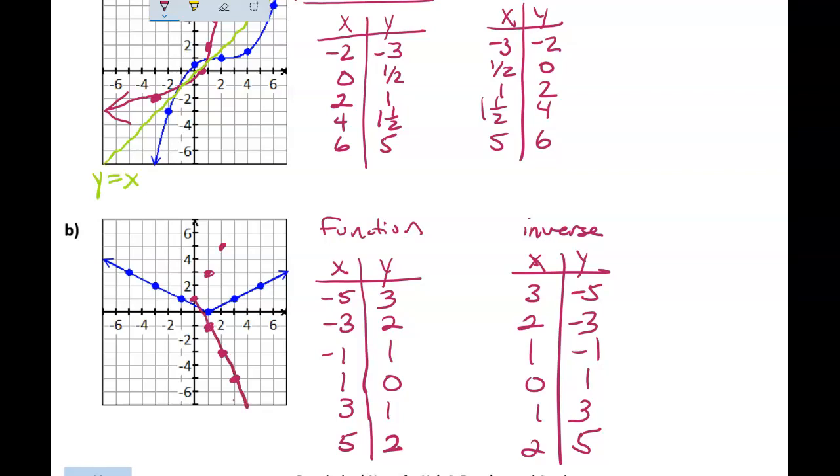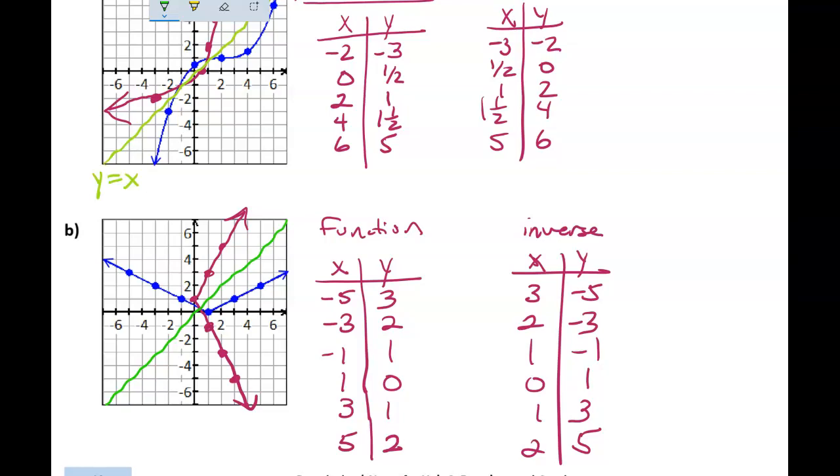So this V shape is now a sideways V shape. Again, observation, if I were to draw the line y equals x, that would cut right down the middle, and each graph would be a reflection of the other over that line.